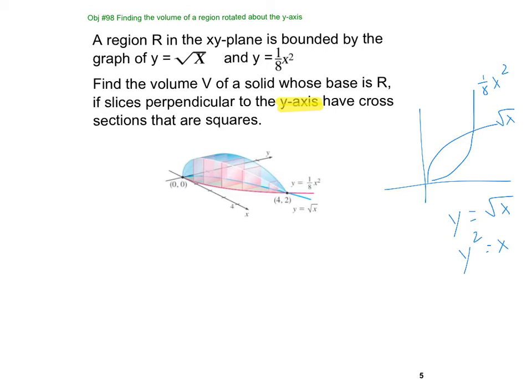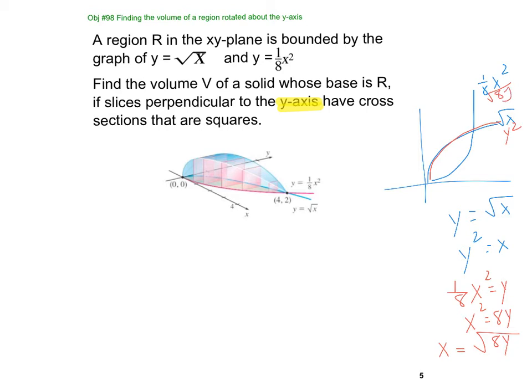So I'm going to write that right underneath. So this is y squared. Right? And then 1/8 x squared equals y. X squared equals 8y. X equals the square root of 8y. So this is the square root of 8y.